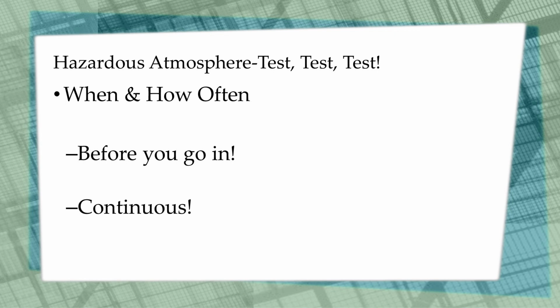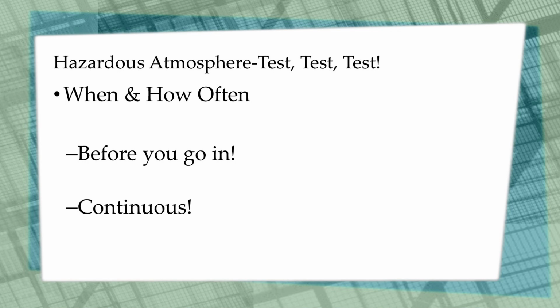Now, not everything is going to be a permit required confined space. Not everything is going to be a trench. There may be warehousing operations or something else where a lot of propane powered forklifts are being run. And if they're not maintained well, you're going to have a lot of carbon monoxide.